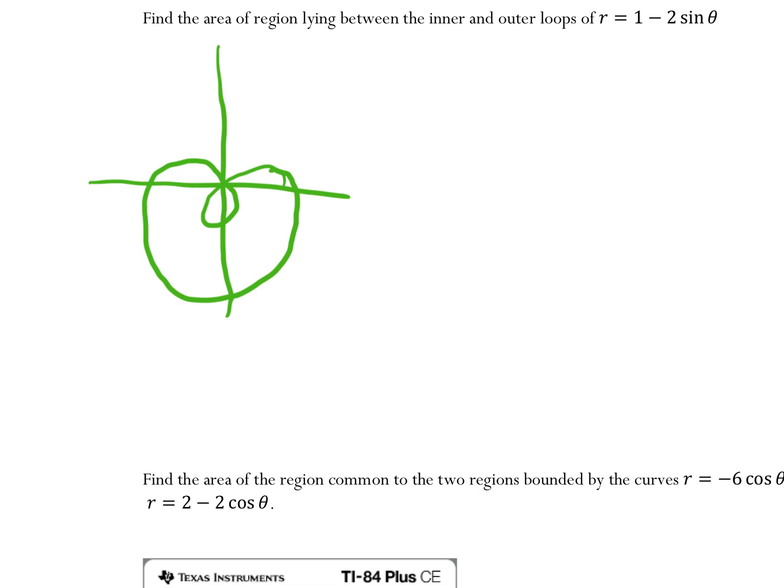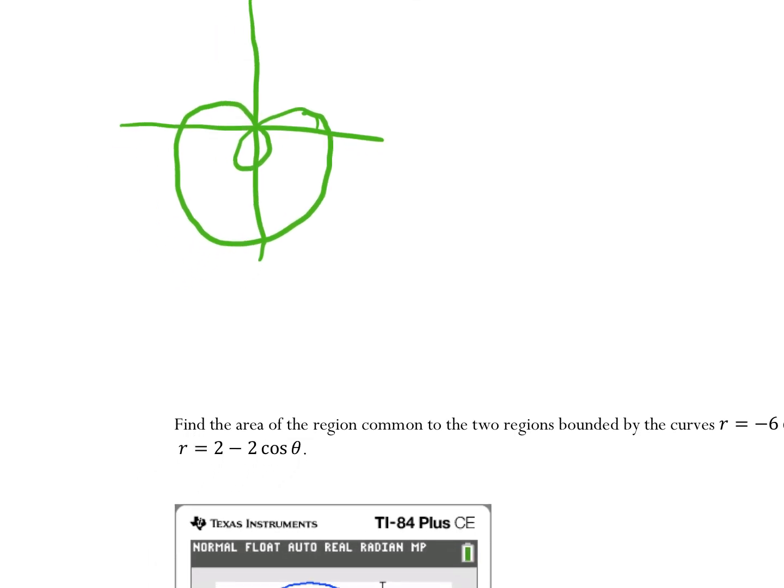Okay, and so if we were to start this from 0, my first section of this would be essentially here. And hopefully you notice that I'm starting and wedging out, like little radiuses out to the curve here. So just the area of that section would be from 0 to what?